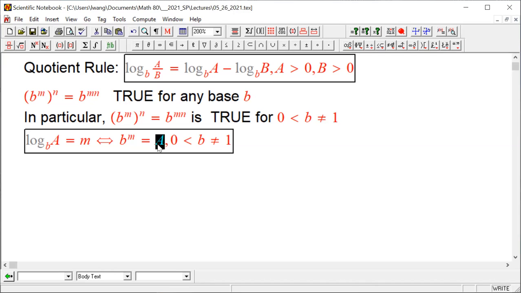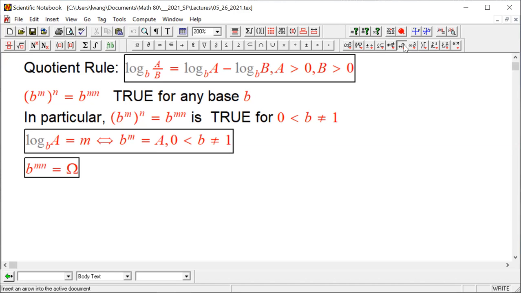On the other side, by the logarithm definition, the base b is the same, the argument is omega, and the exponent is m. So they're in place. Okay, so how about b to the power m times n? Let me make another box. B to the power m times n, and that equals omega.